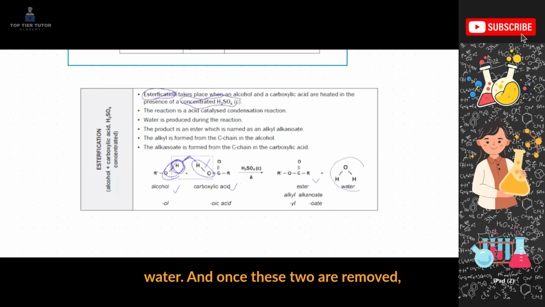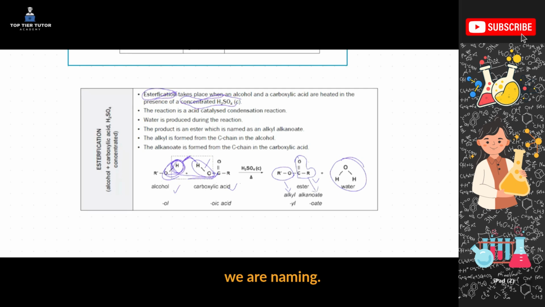And once these two are removed, that oxygen will then connect to this carbon there, forming an ester. Now, the part that comes from the alcohol is going to get a yl when we are naming, and the part that comes from the acid is going to get an oate when we are naming.